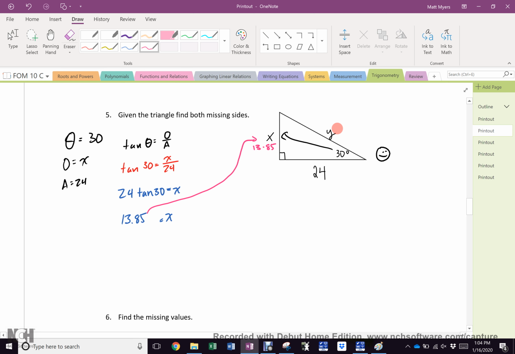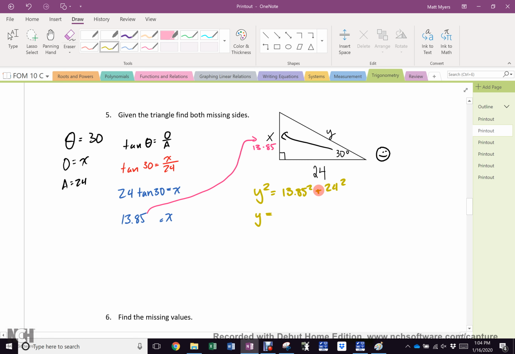We would do Pythagoras, yes? We would say y squared equaled 13.85 squared plus 24 squared. And then we would square root the whole thing to get y, right? Everybody do that, please. What does y equal? You've just done 2 pages of Pythagoras practice.